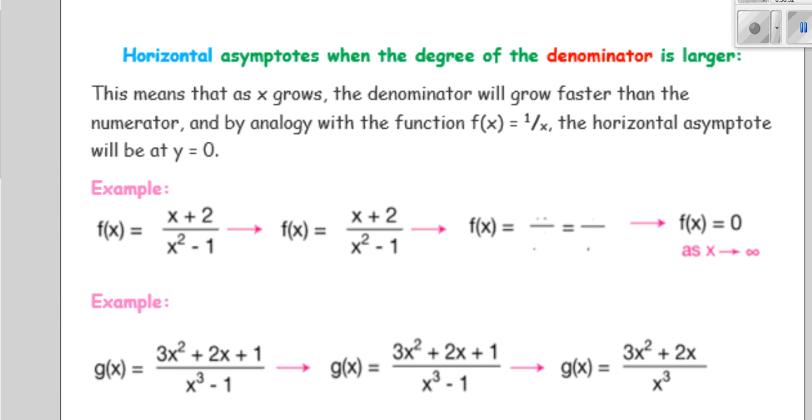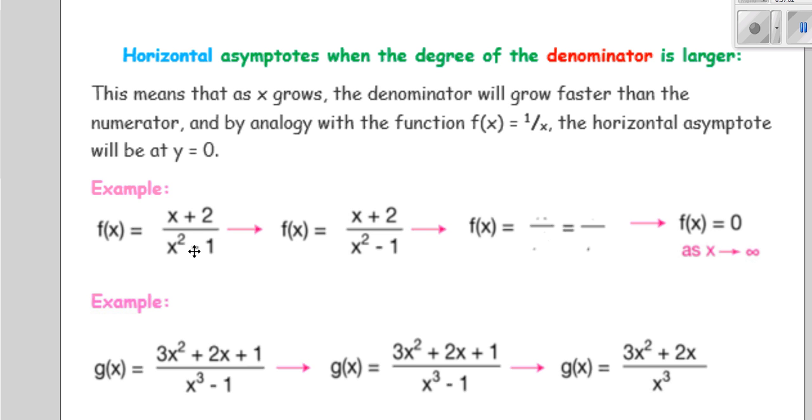So here we go. Some examples of horizontal asymptotes when the degree of the denominator is larger. So see what I mean by that? We've got a linear on the numerator and a quadratic in the denominator. And see I've got a quadratic and then a cubic in the denominator. So these are examples when the degree of the polynomial in the denominator is larger than the one in the numerator. What do we do? This means that as x grows, the denominator will grow faster than the numerator.